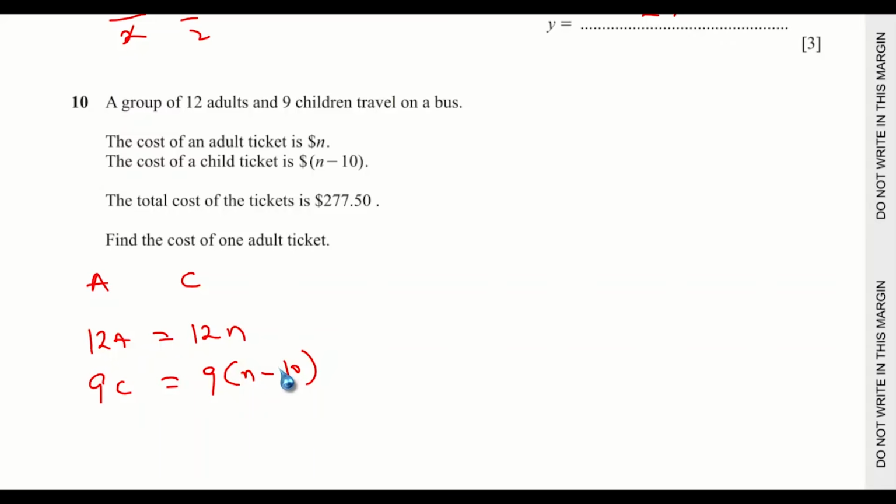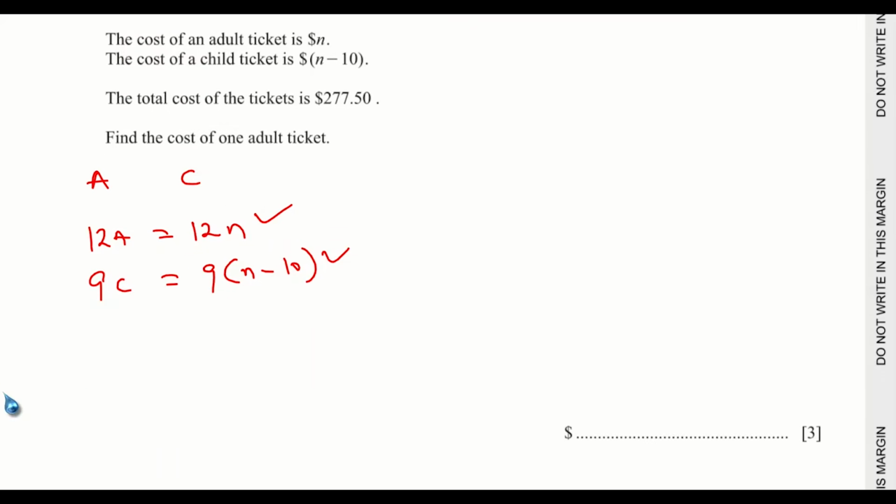We know that the total cost of the tickets, that is 12n plus 9 into n minus 10, should be equal to $277.50. So we can just write 12n plus 9 into n minus 10 equals 277.50.